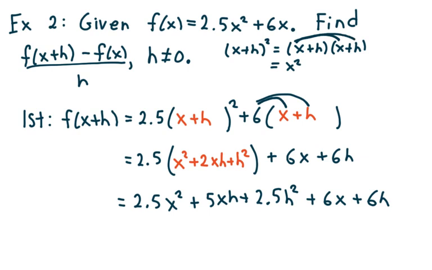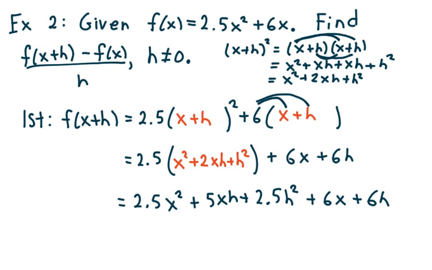X times h is xh. H times x can also be written as xh. And then h times h can be written as h squared. And then when I simplify that, I get x squared plus 2xh plus h squared.